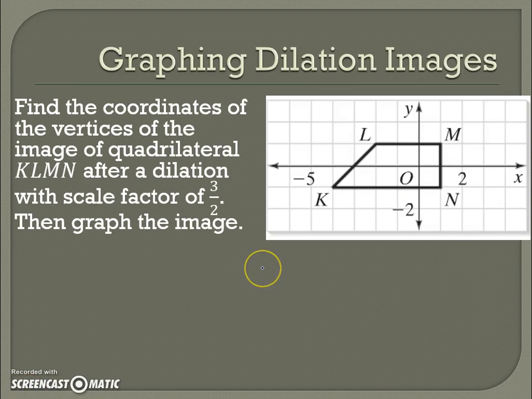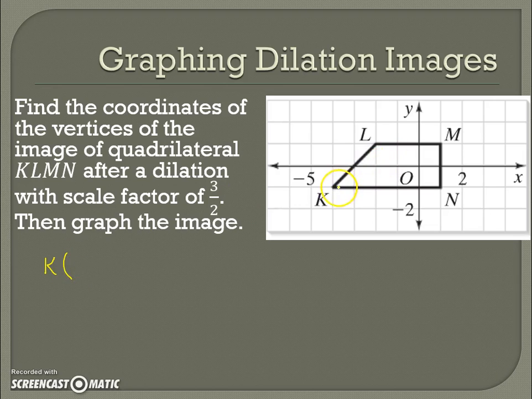Let's keep moving here. So graphing dilation images. It says find the coordinates of the vertices of the image of quadrilateral KLMN after a dilation with a scale factor of 3/2, then graph it. Anytime you are given a scale factor with ordered pairs, what you're going to do is take each one of them and multiply their ordered pair by that.